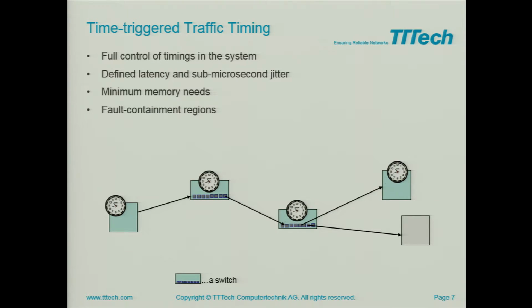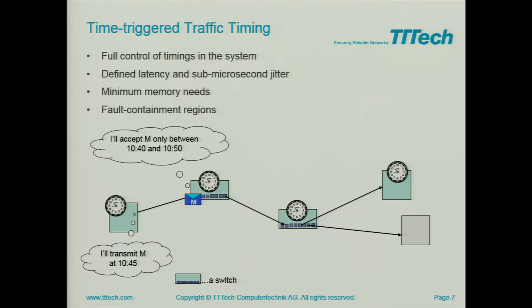So we have established a synchronization on a line. Let's now look at how a packet is transmitted. You have packet M here transmitted at 1045 from one node in the network to a switch. The packet goes to the switch on a dedicated port, and what the switch does, it enforces the arrival time.